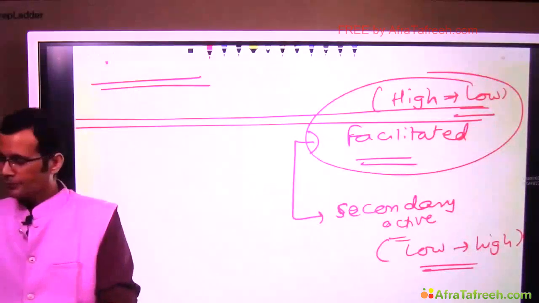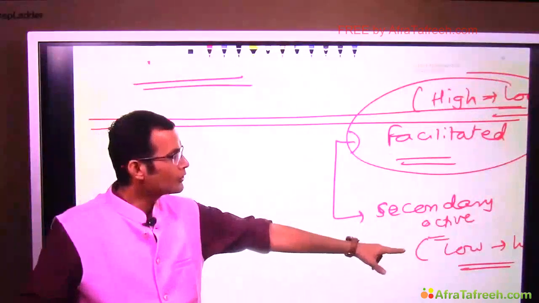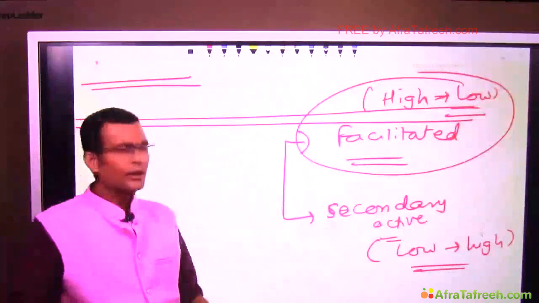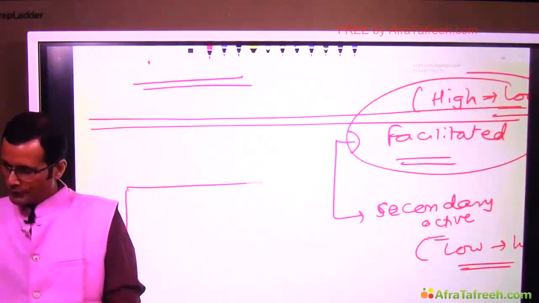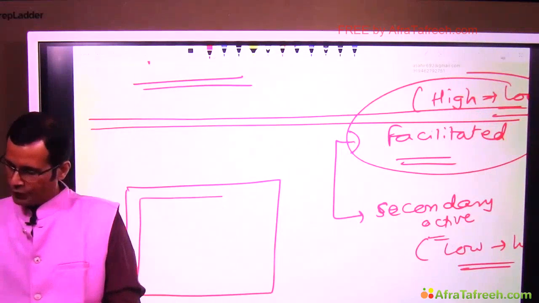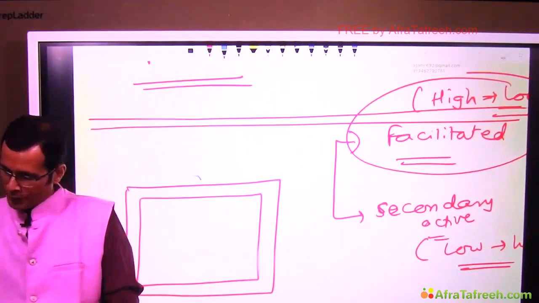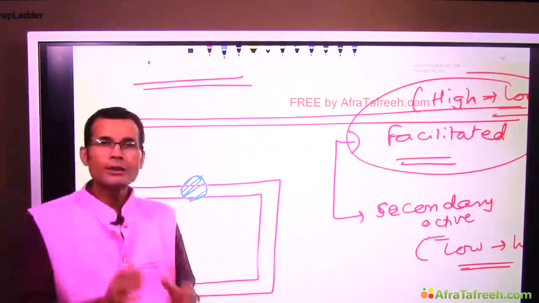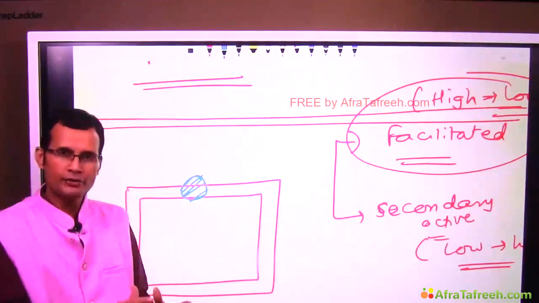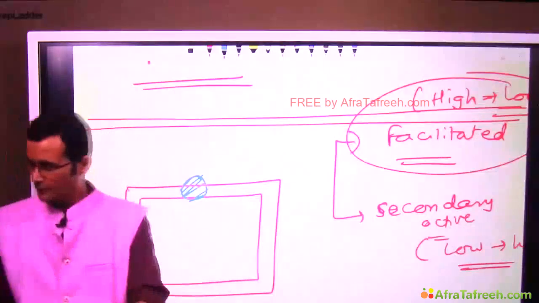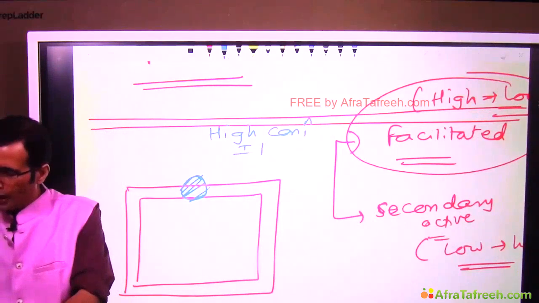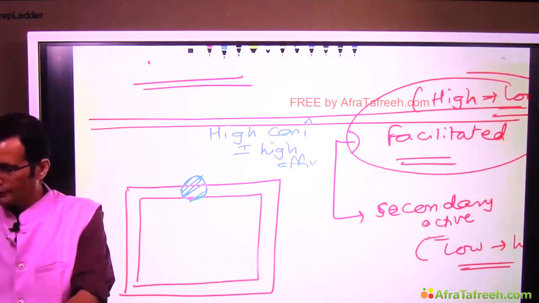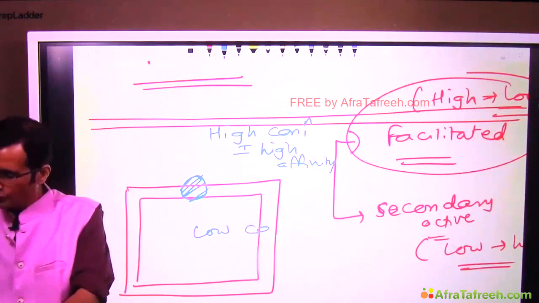The answer is, well, whenever I ask this question, many students simply say, in the case of secondary active, there was ATP used, therefore. No. That's not the correct answer. Look, you have to know the principle of facilitated diffusion in order to answer this question. In the case of facilitated diffusion, the principle on which the carrier is based and the transport is based is: high concentration is equal to high affinity for the carrier and low concentration is equal to low affinity.